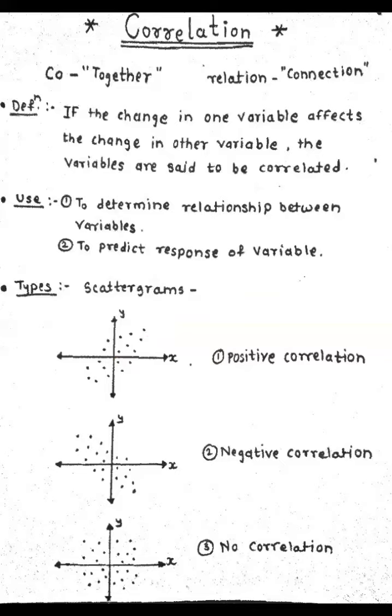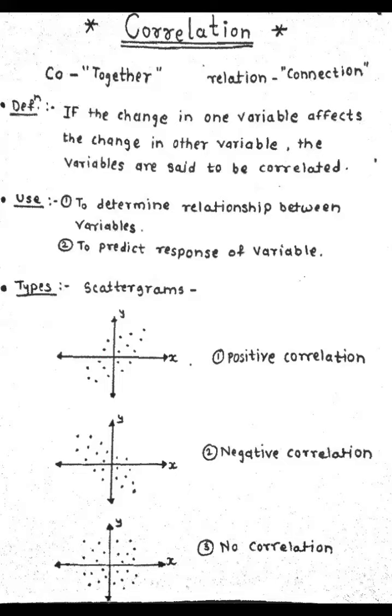For example, take a group of workers, where variable x is treated as income and variable y is treated as expenditure. If the income of a worker increases, naturally, of course, his expenditure also increases. Then the correlation between income and expenditure is positive or direct.